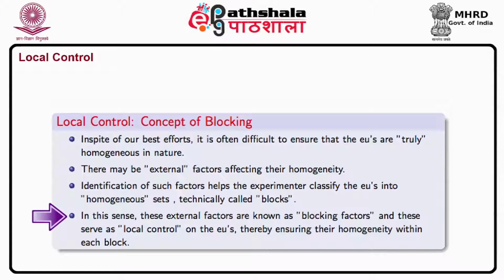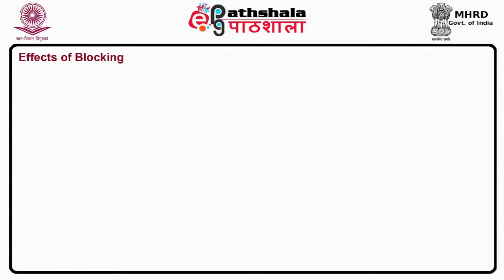These external factors are known as blocking factors, and these serve as local control on the experimental units, thereby ensuring their homogeneity within each block. So the idea is that within a block, the experimental units are seemingly homogeneous, whereas across different blocks, their effects are heterogeneous because that is how the blocks have been formed. Very good, Rashmi.